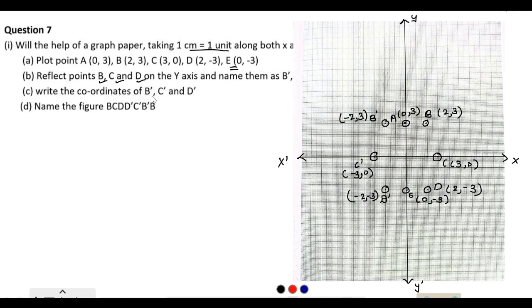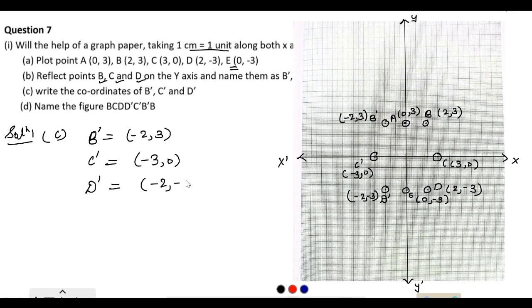Write the coordinates of B dash, C dash and D dash. Coordinates of B dash is equal to -2, 3, coordinate of C dash -3, 0 and that of D dash -2, -3. Name the figure B, C, D, D dash, C dash, B dash, B. Now meet the points.